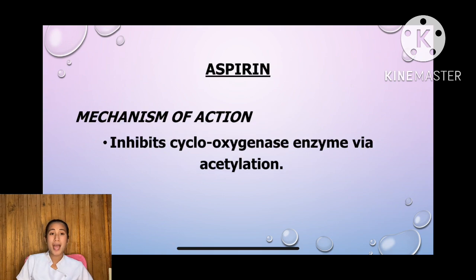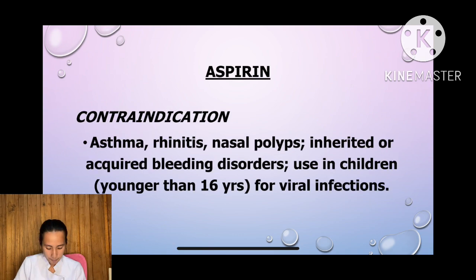Now, let's proceed to aspirin. Its mechanism of action is that it inhibits the cyclooxygenase enzyme via acetylation. Its contraindications are asthma, rhinitis, nasal polyps, inherited or acquired bleeding disorders, and use in children younger than 16 years old for viral infection.